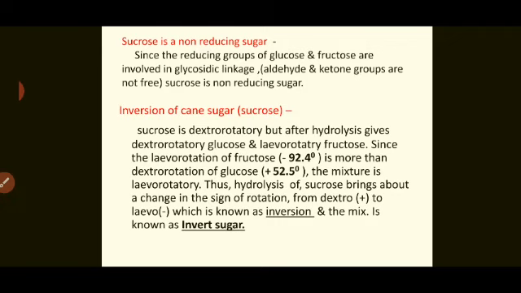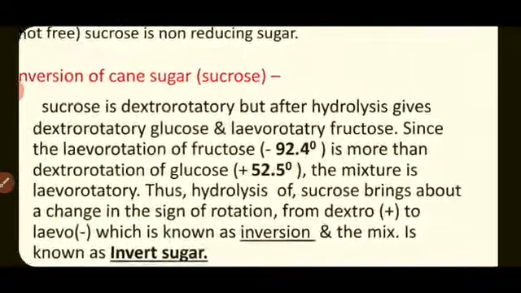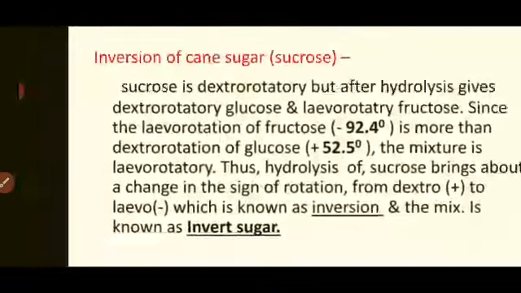Next, inversion of cane sugar. Cane sugar means sucrose. So sucrose is dextrorotatory, means it rotates the plane polarized light on the right hand side, but after hydrolysis gives dextrorotatory glucose and levorotatory fructose.